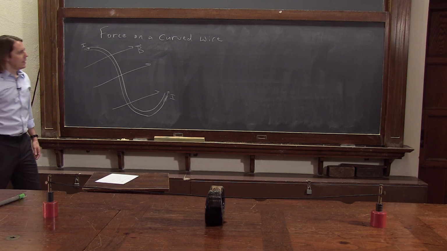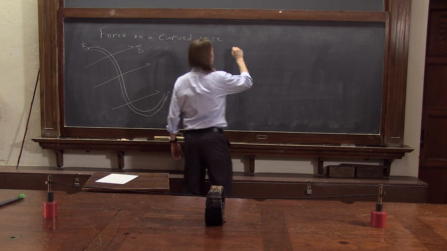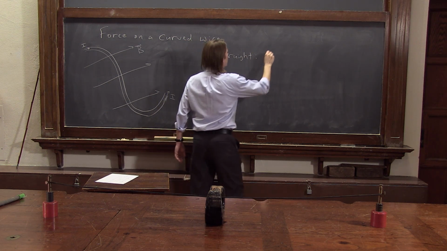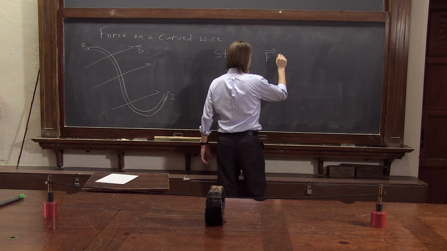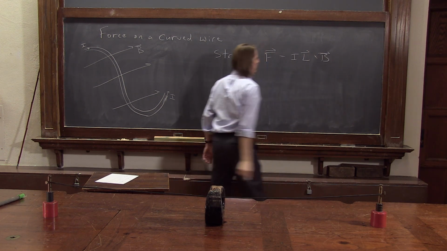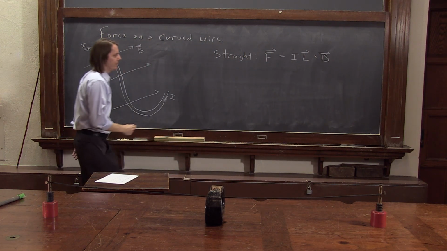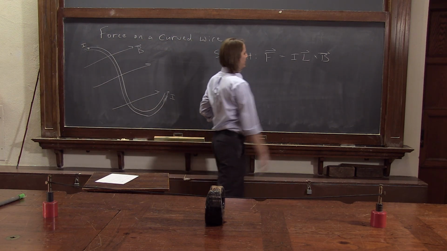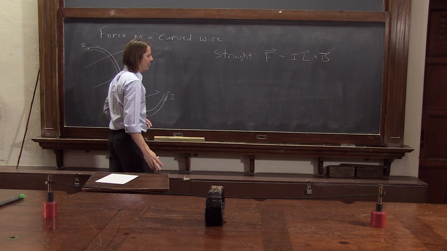All right. If this wire were straight, we would have F on the wire equals IL cross B, like we just talked about. If it were a straight segment, current gives you the direction, the length of the straight segment gives you the magnitude of L. We don't have that.